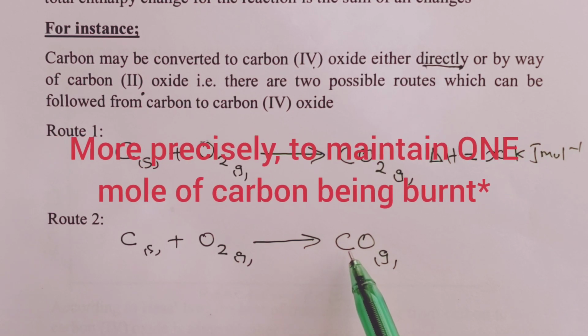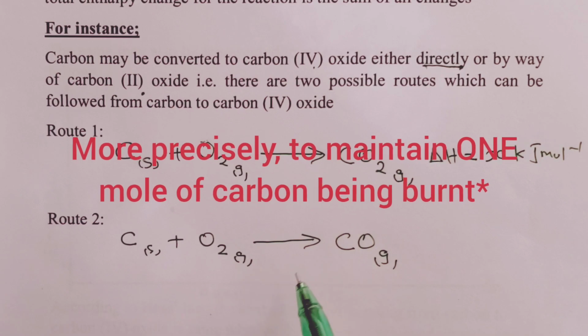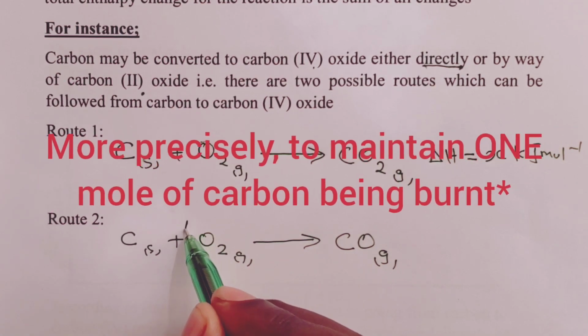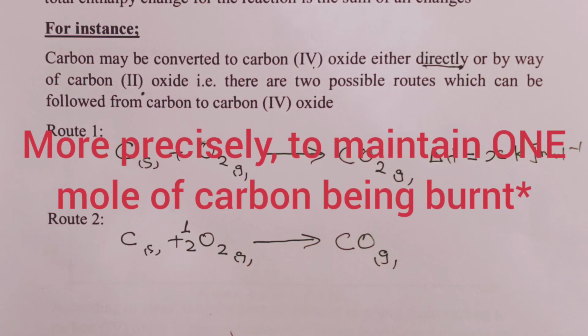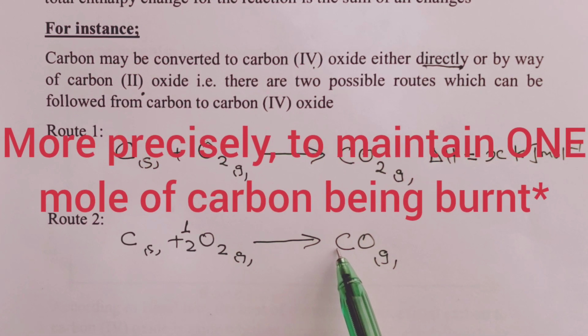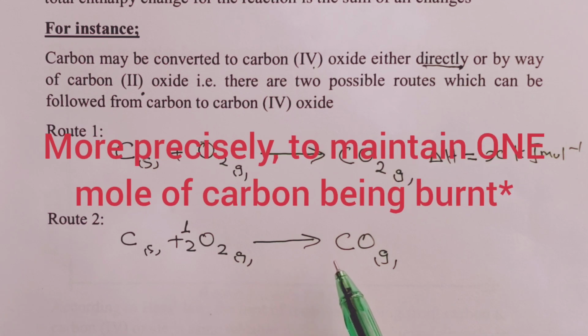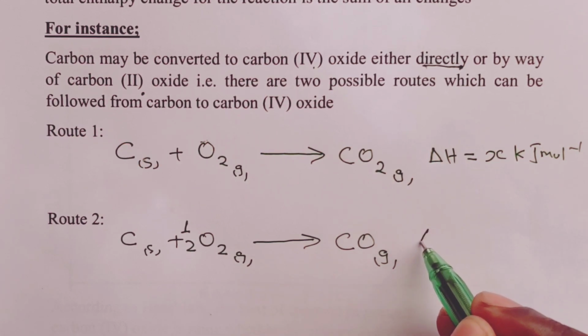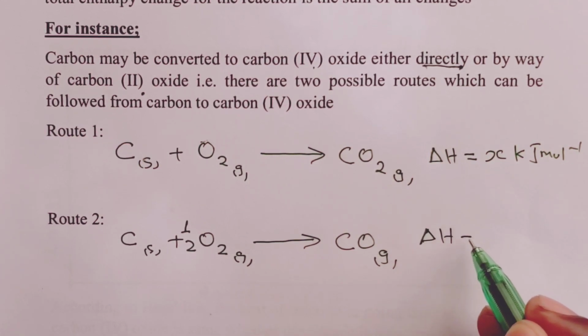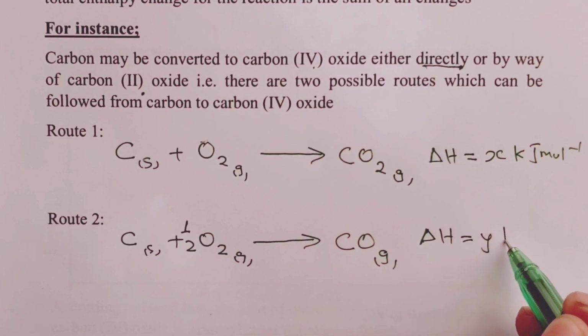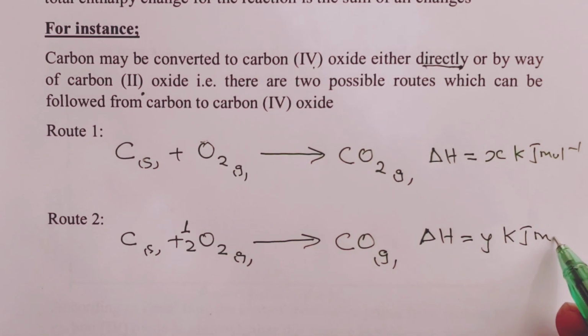For purposes of balancing, we are then forced to use a half oxygen so that we maintain 1 mole of carbon 2 oxide being formed. Let us assume that this time the heat change involved is Y kilojoules per mole.